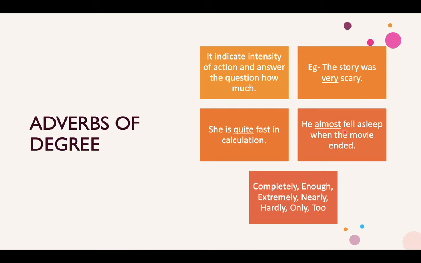He almost fell asleep when the movie ended. So almost shows how much, how sleepy he felt. So these words like completely, enough, extremely, nearly, hardly, only, too express degree, the intensity of an action. So all these are adverbs of degree.